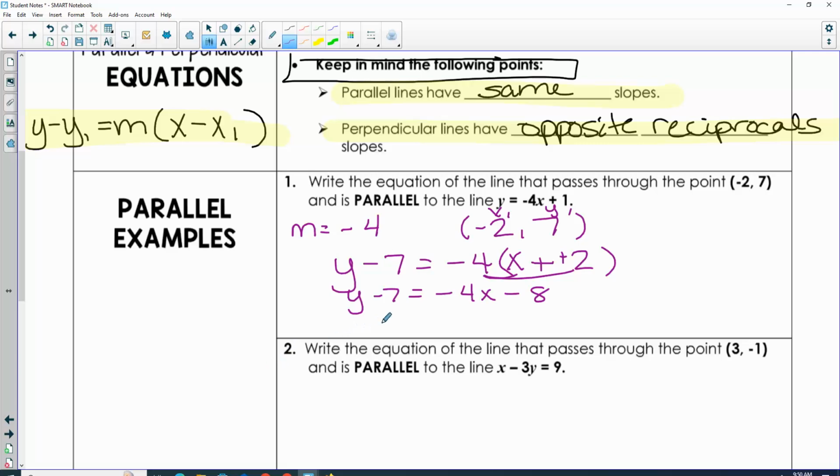Last step, to get y by itself, we would add over the 7. So we get y equals -4x minus 1. So we have to use what we know about parallel and perpendicular to find the slope, and then we are writing the equation like we were doing before.